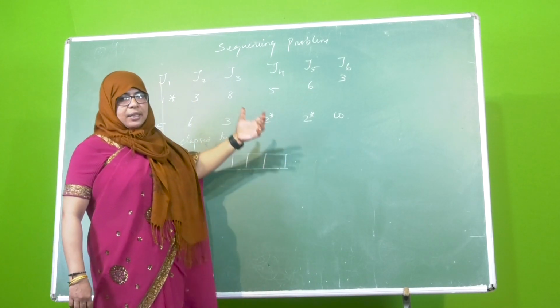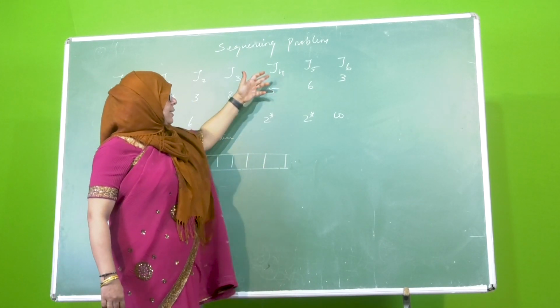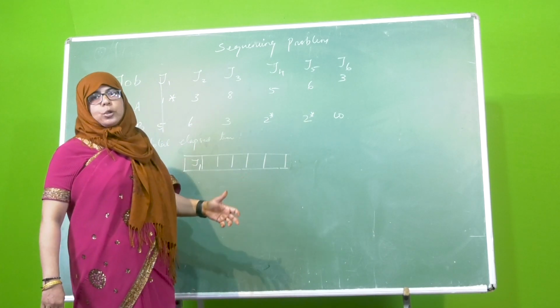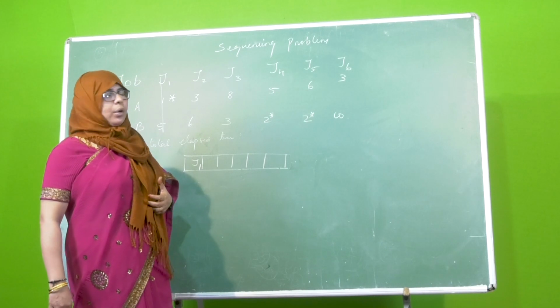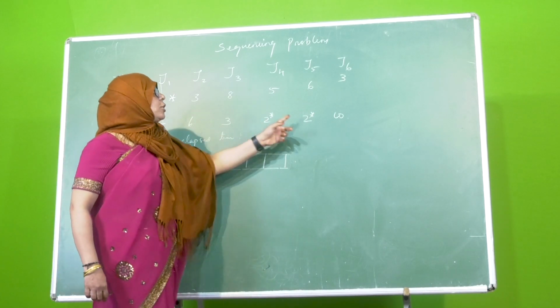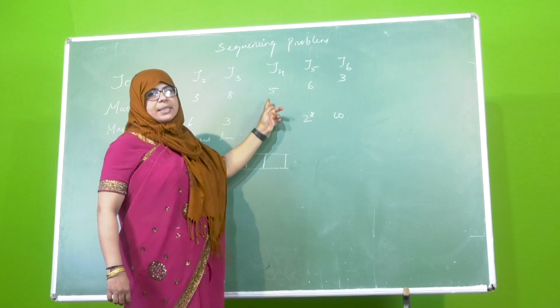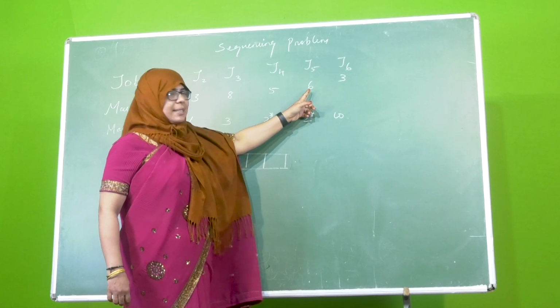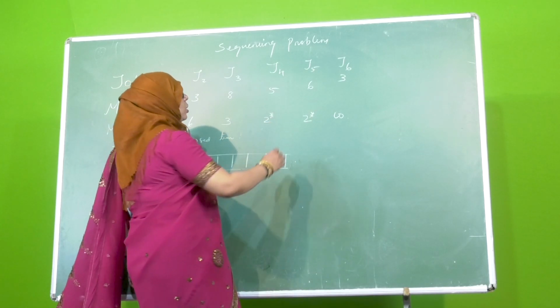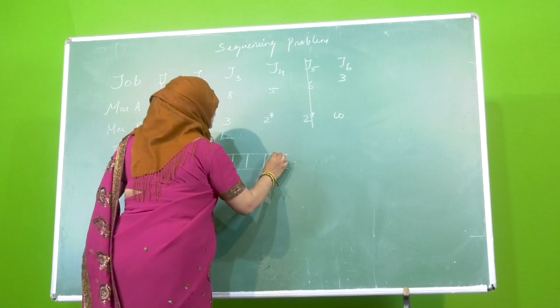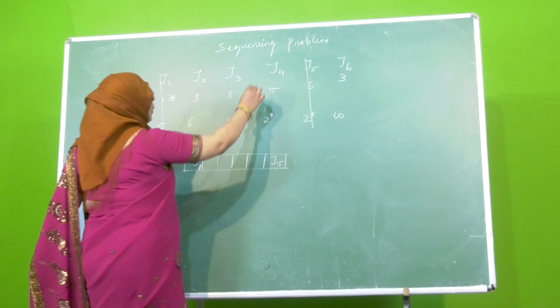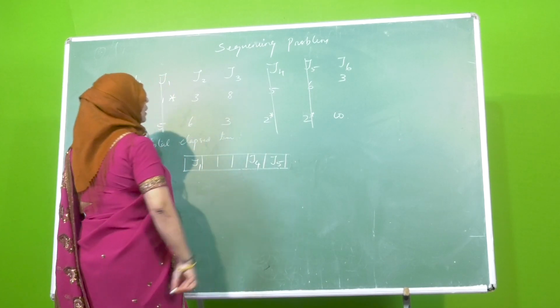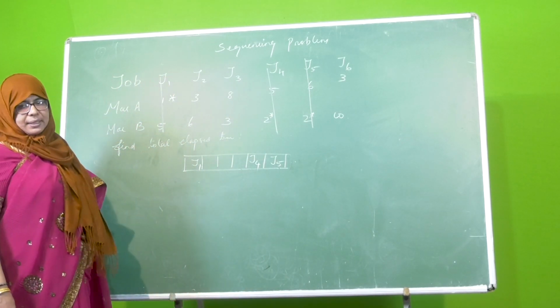In this case, we compare the corresponding elements, and the one which is higher is written first. Obviously 6 is the higher, so you have to write J5, and then the other one J4. Cancel both the elements.